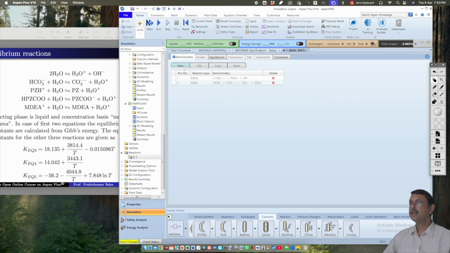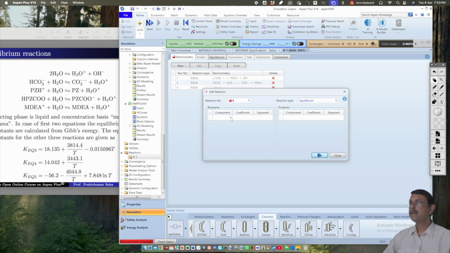Again, a new equilibrium: PZH plus and H2O, 1 and 1, then it is PZ and H3O plus.